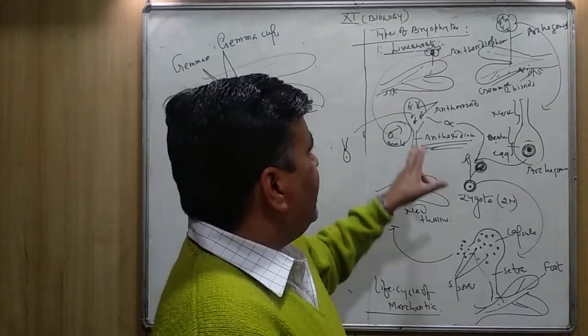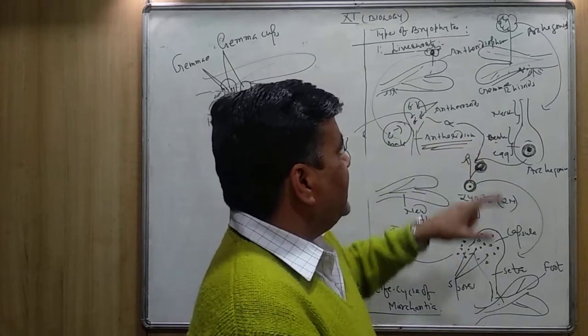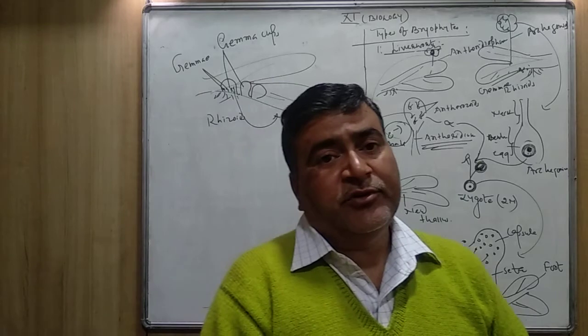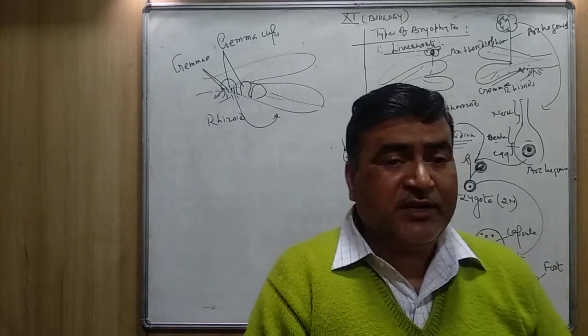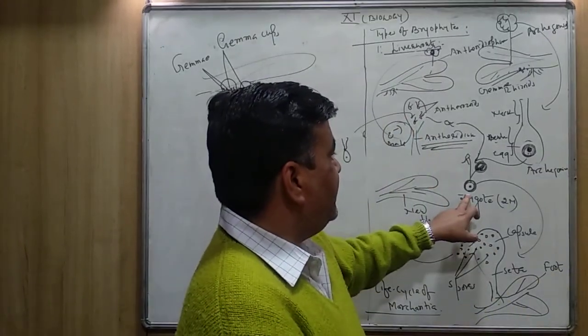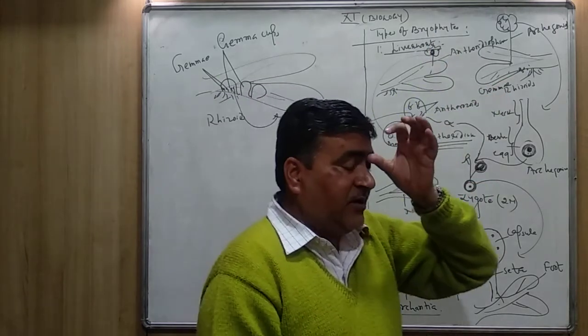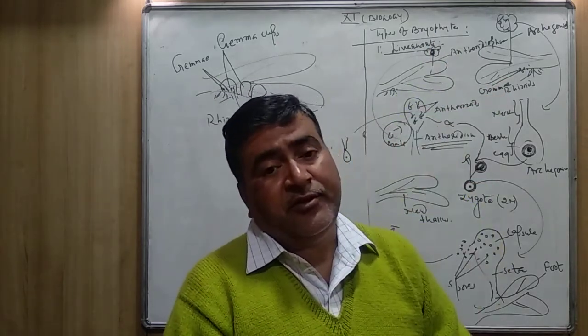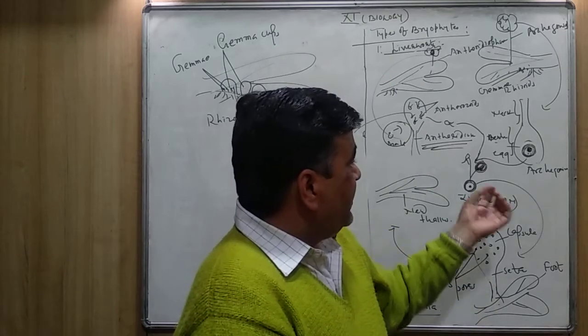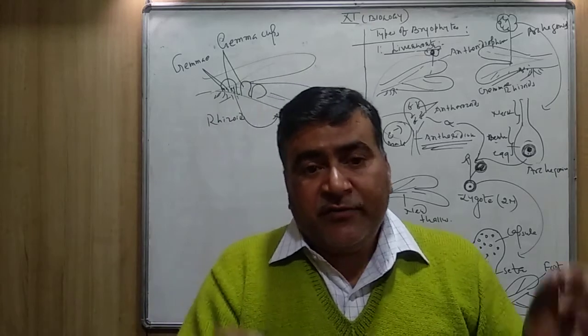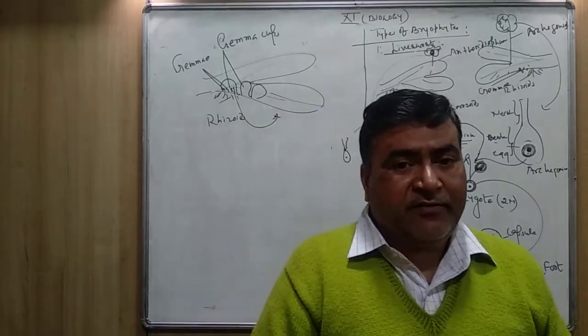Now, after the process of fertilization, when the antherozoid and egg are fused together, what do they form? Zygote. As you note, till now we were studying the haploid stage, but as soon as the zygote is formed, it is the fusion product of the male and female gamete.